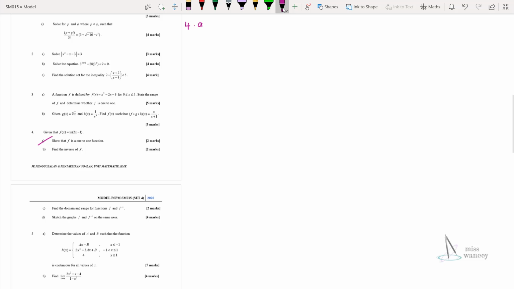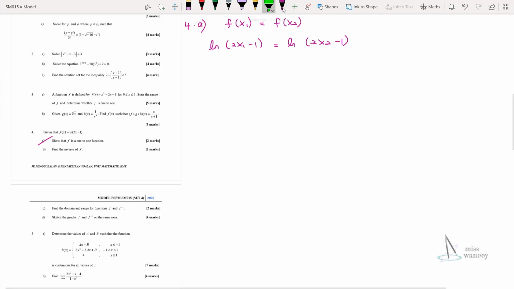Okay, number 4a. To show that f is a one-to-one function, we are going to start from f of x1 equal to f of x2. So this is ln of 2x1 minus 1 equal to ln of 2x2 minus 1. Since I have a single ln on the left-hand side and on the right-hand side, I can compare the numbers behind the ln.